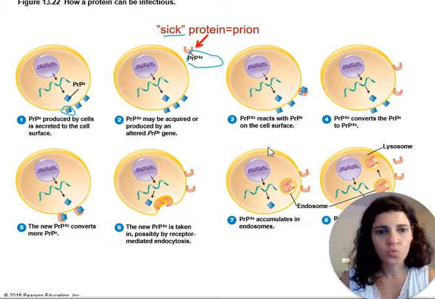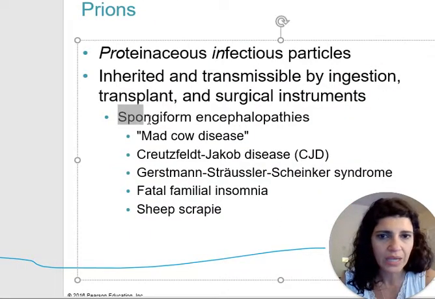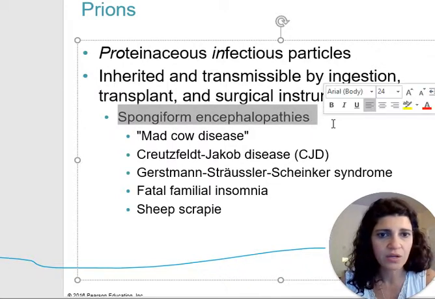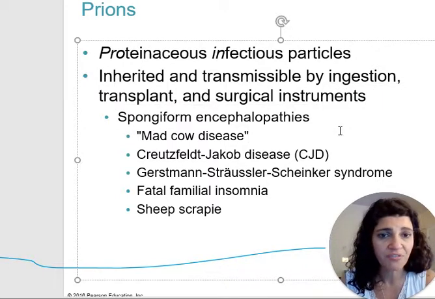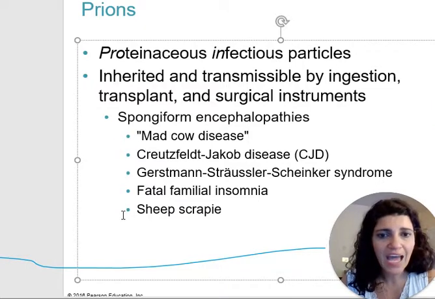That's why one of the diseases caused is called spongiform. Actually, the whole name for all the diseases that it causes is spongiform encephalopathies, because they all make the brain look like sponges, okay?